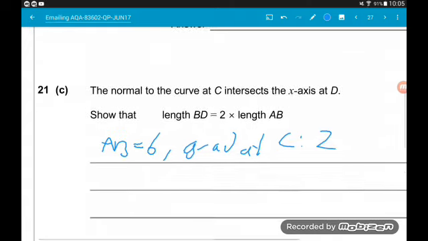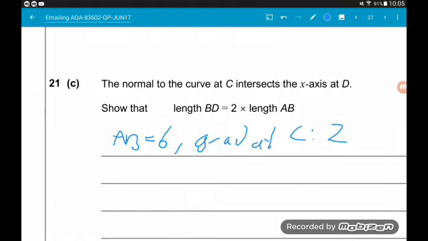Now, we also know with perpendicular lines that gradients multiply together to give us minus 1. So then we know 2 times the gradient of our normal is equal to minus 1. So if we divide by 2, we then get the gradient of our normal is equal to minus 1 half.